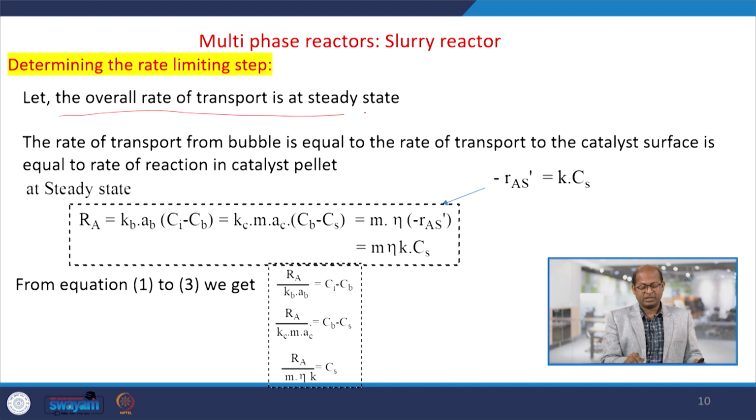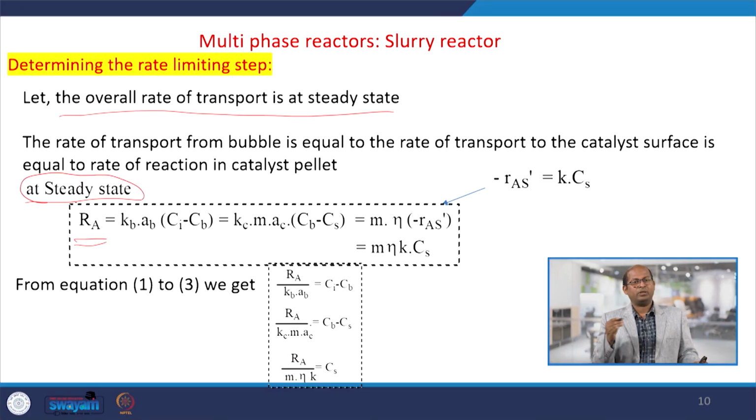Then, for the overall rate of transport at steady state, when all the resistances are there and the reactant is passing from the gas to the internal surface of the catalyst through so many resistances, all the rates would be the same. This is the rate of mass transfer of component A, hydrogen, from the interface to the bulk, from bulk to the surface, and this is the rate for internal diffusion and reactions.